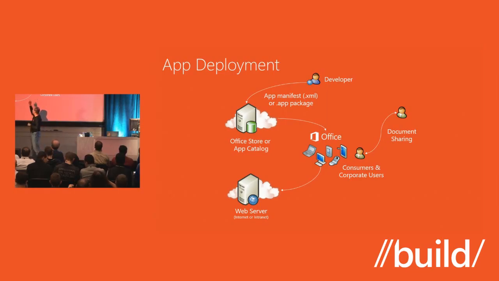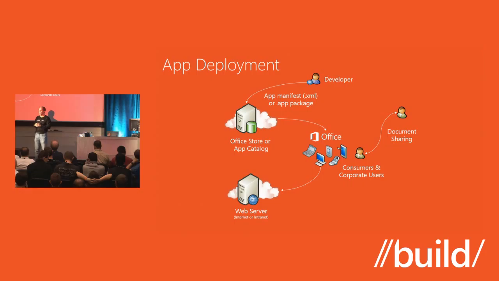Now, what you do as a developer is when you create your package, you deploy it to the Office store if you want to go public and sell your app or provide it for free, or you deploy it to your internal app catalog. Once it's there, the Office clients will have to be configured to point to that catalog. There's a setting that can be managed via registry policy or via the Office UI that points to that catalog.